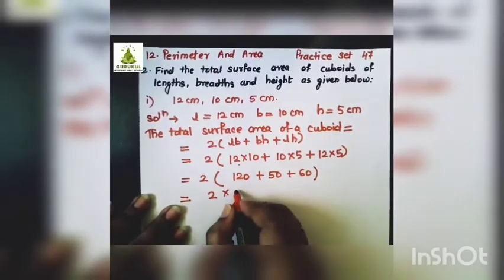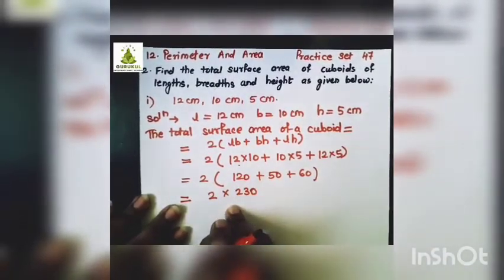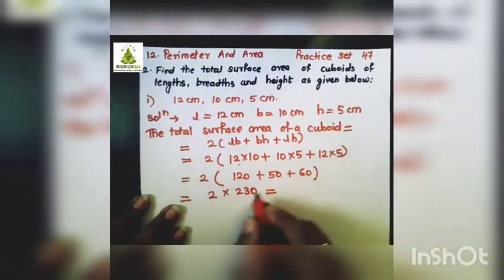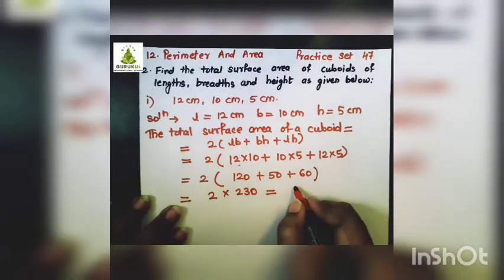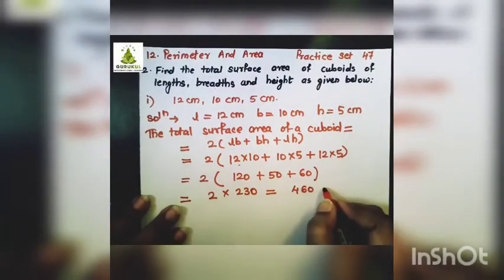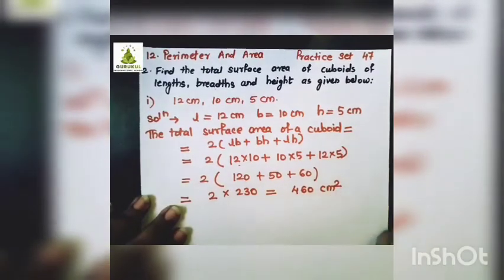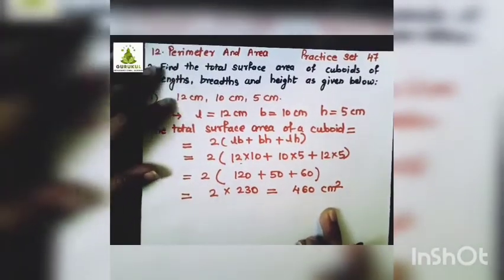Okay, in bracket it will be 230. So do the multiplication. 23 twos are 46. So it will be 460 centimeter square. So final answer we got 460 centimeter square.